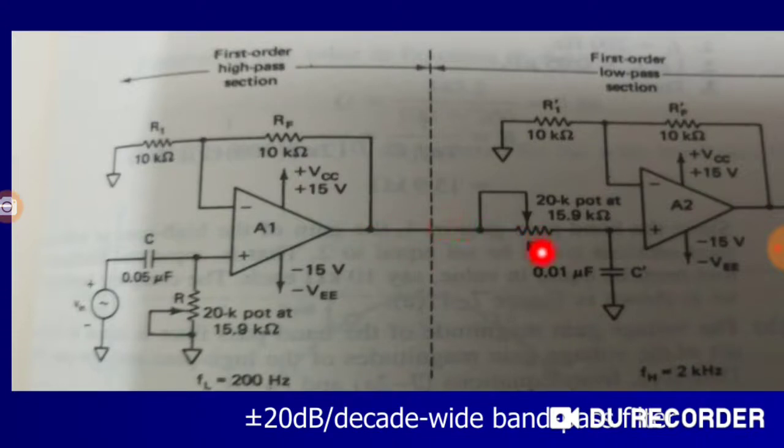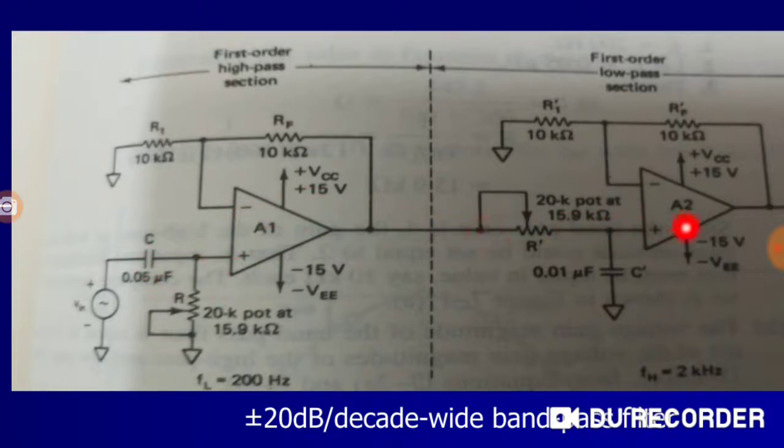Once it is being allowed, this is a low pass filter section, and it has a cutoff frequency FH, which is quite far away, so it is a low pass filter, so it will allow all the frequencies before FH, and the output will be appearing. Once the signal frequency reaches FL, all the signals are passed through because now it is high pass over here, so anything beyond FL will be passed through.